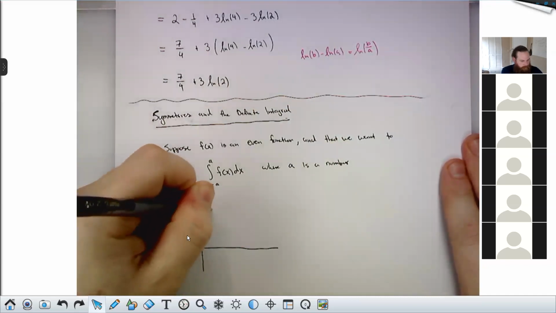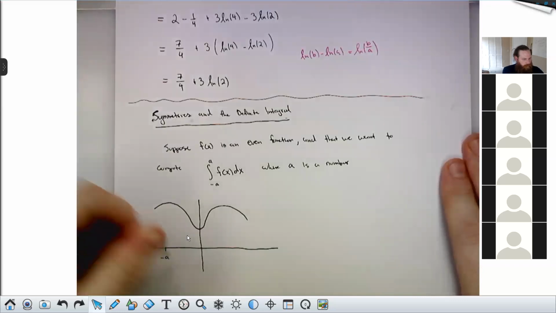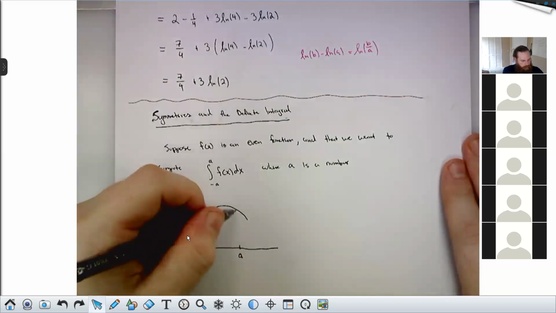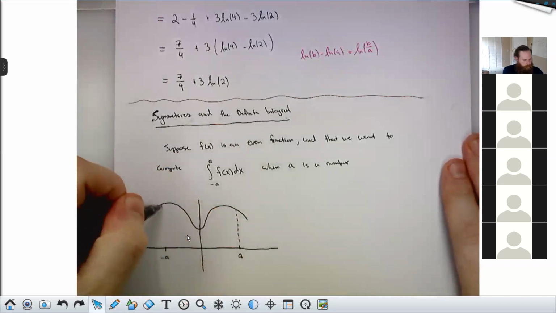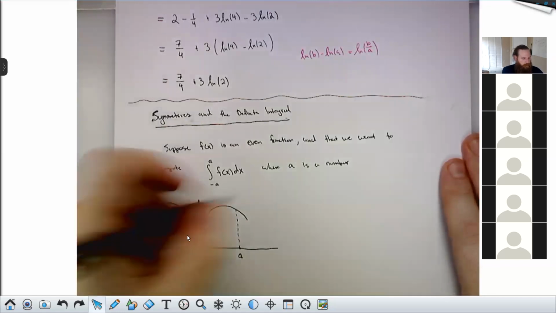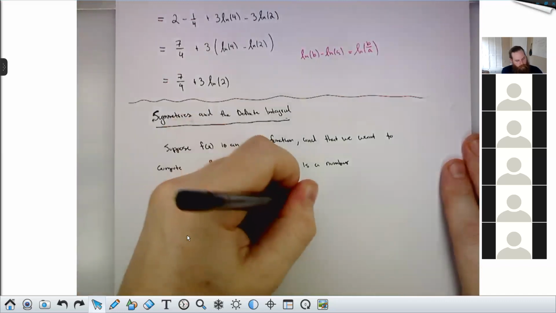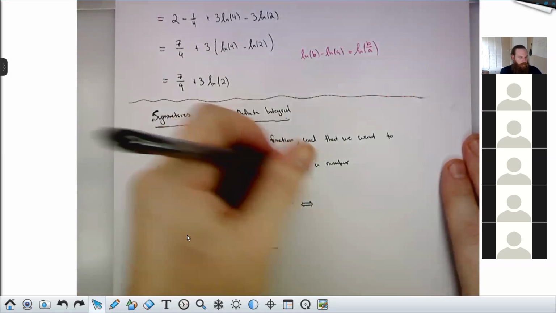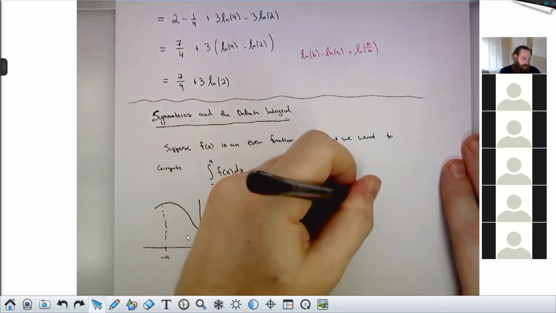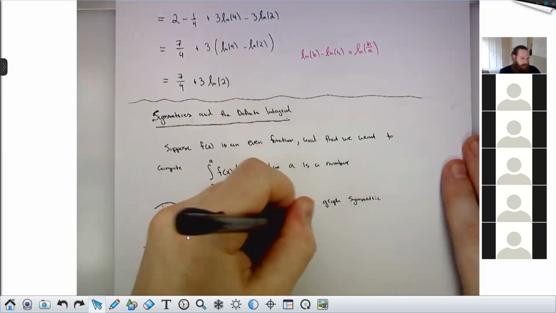Well, since f of x is an even function, its graph has some symmetry. Because f is even, this is equivalent to saying the graph is symmetric about the y-axis.